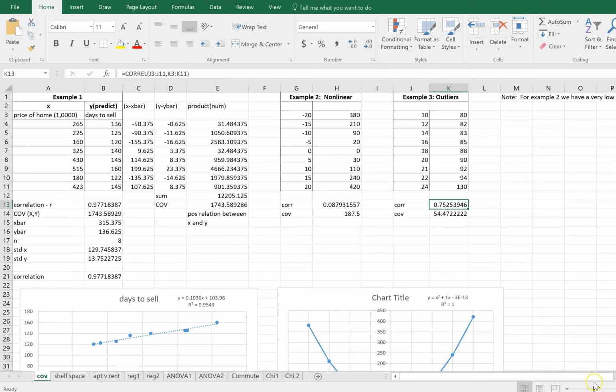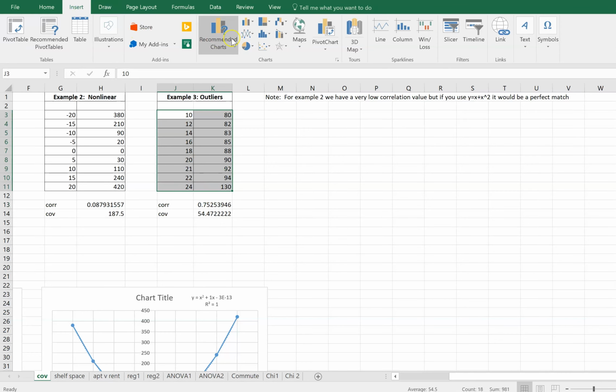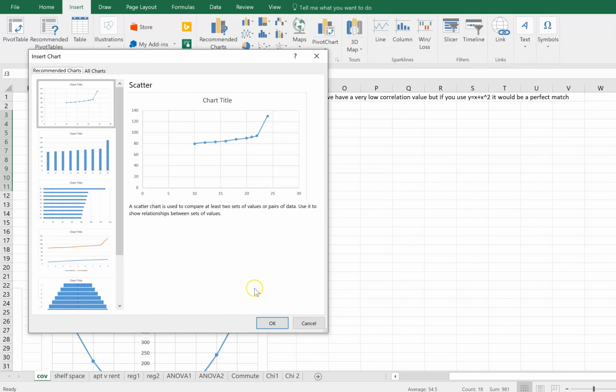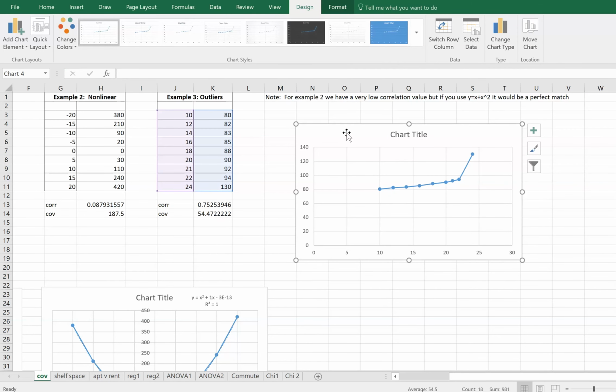So what I would do, I draw the picture. I bring the picture into the game. I always try to bring in the picture to really understand what I'm working with. So recommended chart, there we go. There is my chart. And I can understand now why the correlation is slightly strong positive, but I also have an issue.